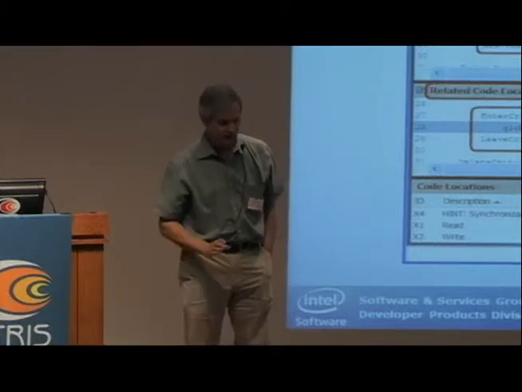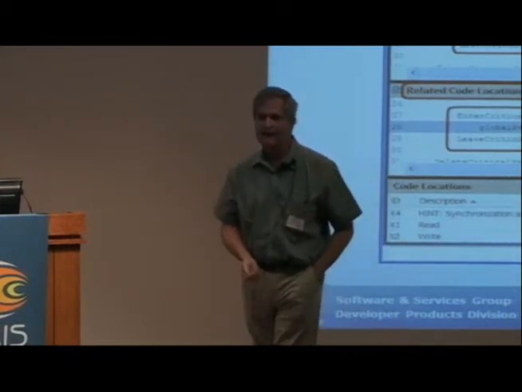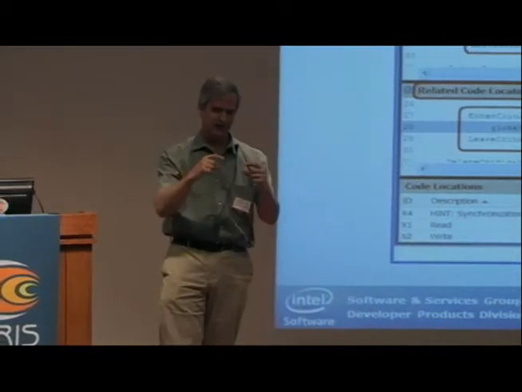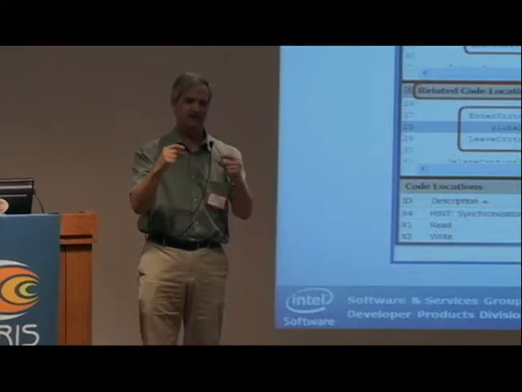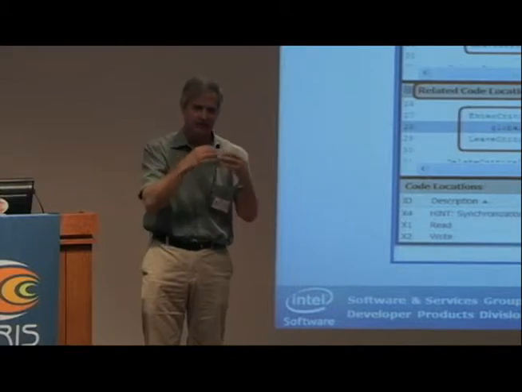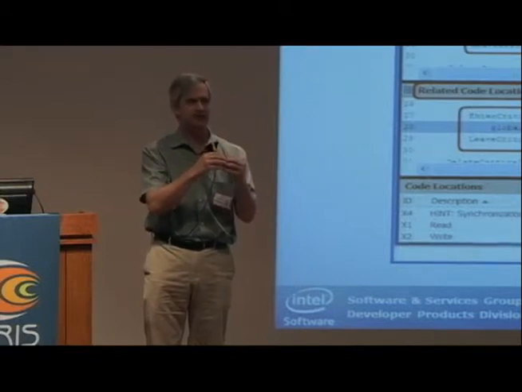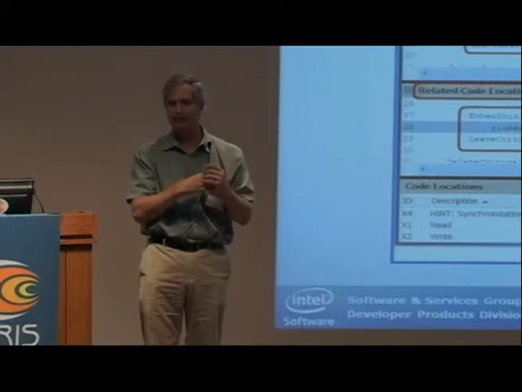So once all this data has been gathered and the program's completed, we then go back, sort it by the memory references, and look to make sure that the intersection of locks being held by the different threads is not null, that there's at least one synchronization object that all the threads were holding when there was a reference to that variable.